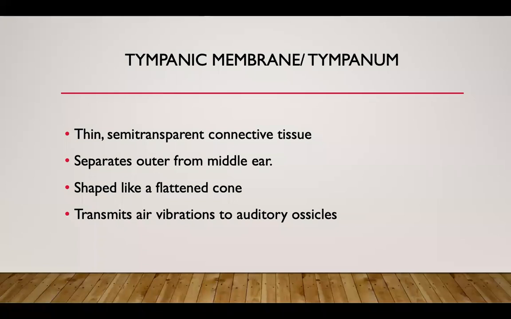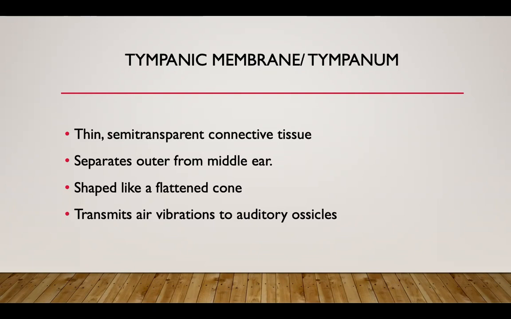The tympanic membrane, which is that flattened funnel-shaped structure, also called the tympanum, separates your external ear from your middle ear. Think about your tympanic membrane as the surface of a drum. So when the vibrations of the sound reach the tympanic membrane, it causes the tympanic membrane to vibrate, like the drum surface.